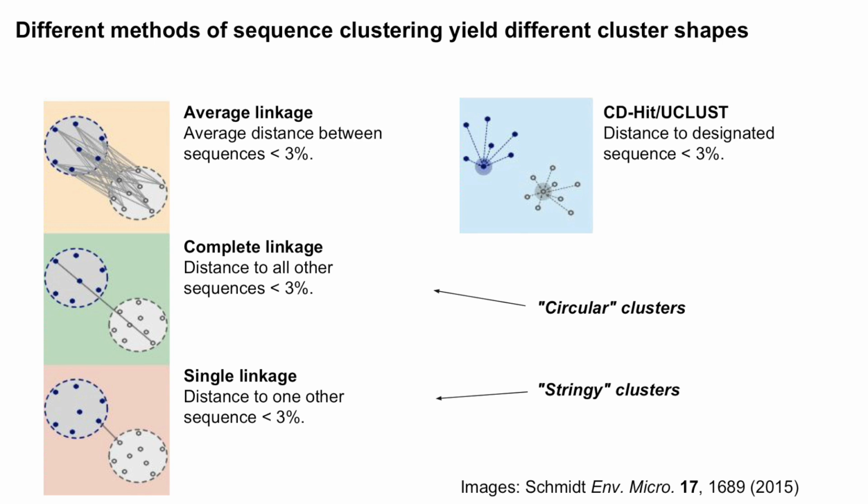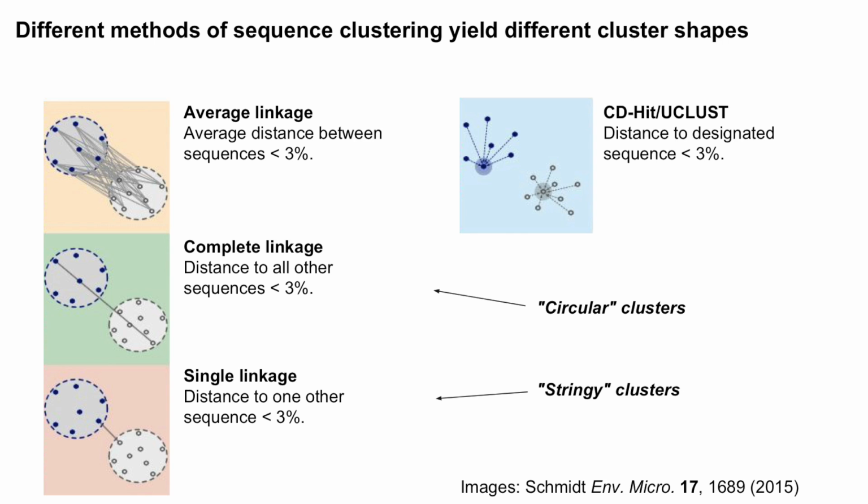Other methods of clustering, so these methods are agglomerative. They're used more if you use the Mothur software by Pat Schloss. So he had this idea that you should do a full alignment of all your 16S sequences from the experiment, get a similarity between each, build a big distance matrix between each pair of sequences, and then do agglomerative clustering.